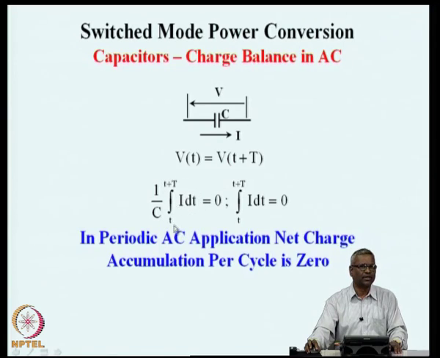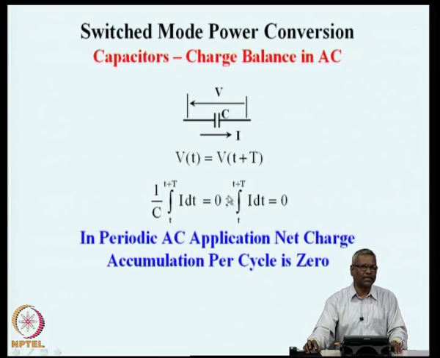The consequence of this is that in a periodic circuit one can use the relationship that in one period the charge accumulated on the capacitor is 0, or in other words, the integral of I dt, or ampere second, over one cycle is 0.